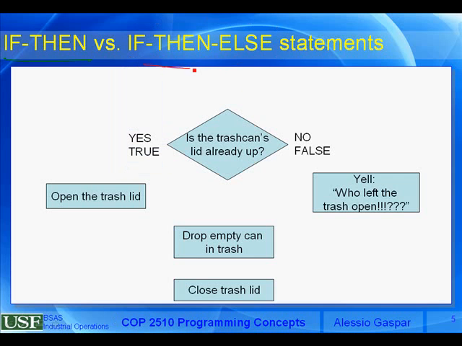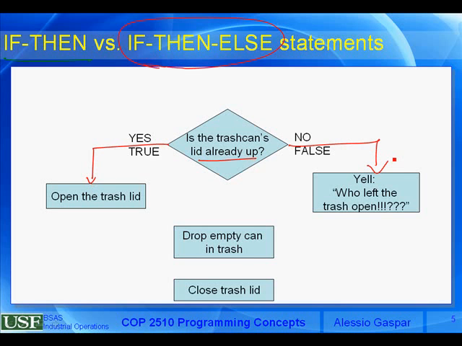And this one allows me to test a given condition, for example, to be consistent with our previous program: is the trash can lid already up? Well, if it is, I'm going to execute this statement, open it. If it is not, I'm going to do another statement, for example, yell, who left the trash open?